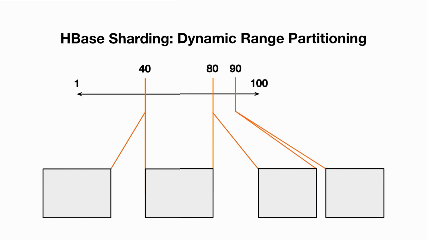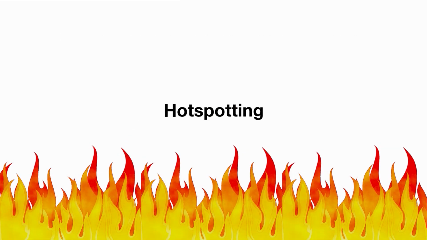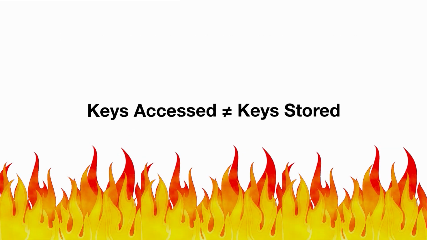So this means that HBase basically ends up mapping the distribution of keys in your dataset to its shard distribution, which is actually really cool and works well for a lot of datasets. But it has one really, really big problem that prevents it from scaling horizontally, which is hotspotting. So hotspotting is basically just when the distribution of keys you're accessing isn't the same as the distribution of keys in your dataset.